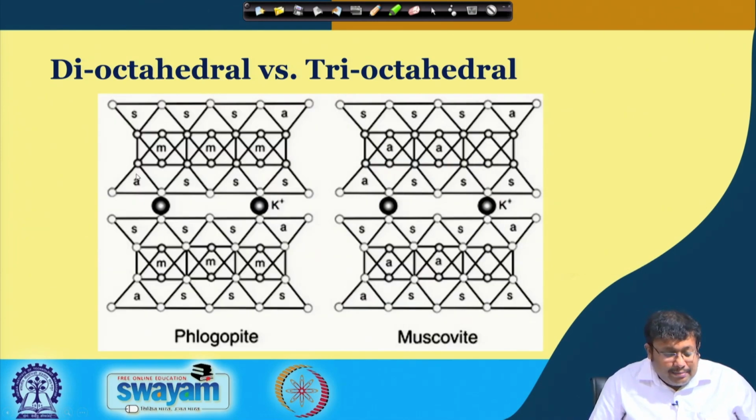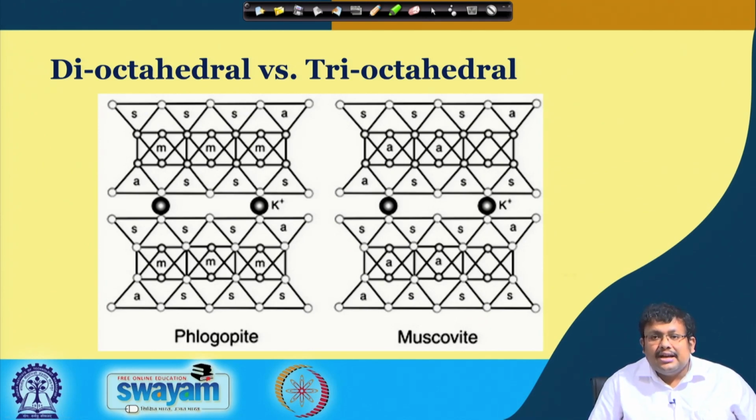So, this is an example of a trioctahedral structure and this is an example of a dioctahedral structure. Now, you can see this is a tetrahedral sheet, this is another silica tetrahedral sheet, and this is an octahedral sheet sandwiched in between. The octahedral sheet has 3 octahedral positions, 1, 2, 3. If all the octahedral positions are filled by cations, then it is called the trioctahedral structure.